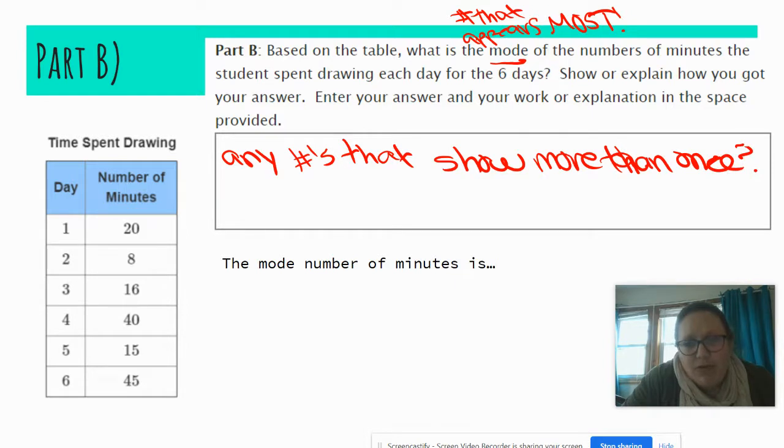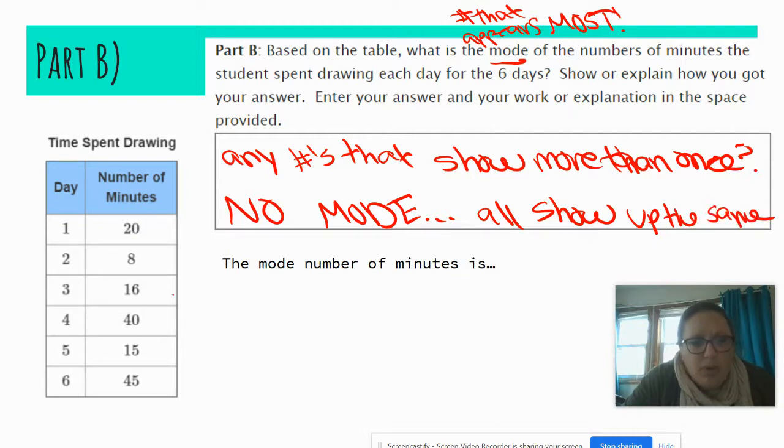And I am actually not seeing any here. So there would be no mode, because there's no numbers that repeat each other.